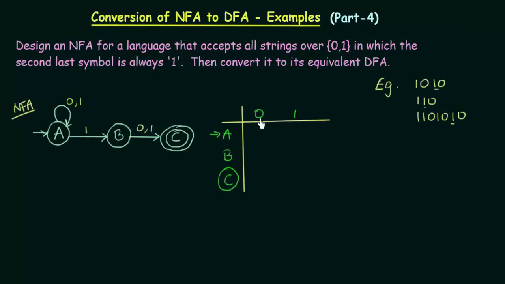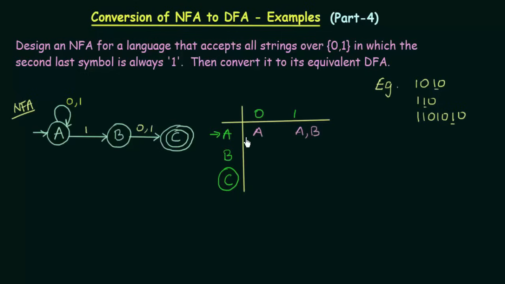A on getting input 0, where does it go? It stays in A itself. And A on getting input 1, where does it go? On getting input 1, A goes to A itself, and also it goes to B. So it goes to two states, namely A and B.